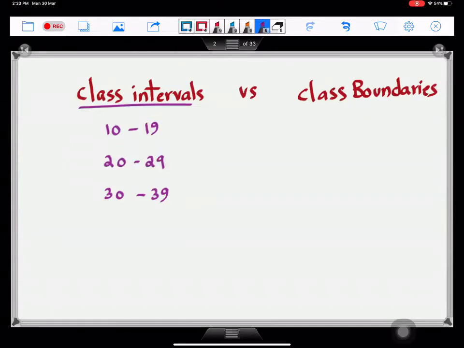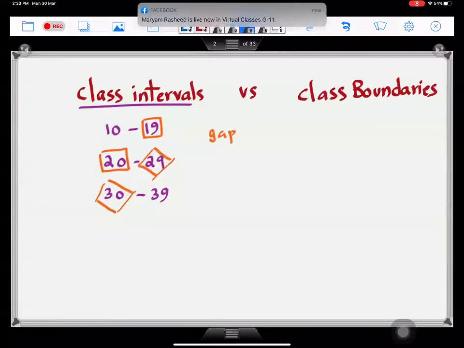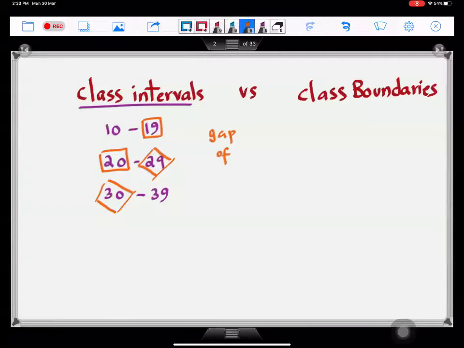When I want to talk about boundaries, the thing is, it's ending at 19, it's starting at 20. It's ending at 29, it's starting at 30. So there is a gap of 1 unit. Now that gap of 1 unit should be taken care of.